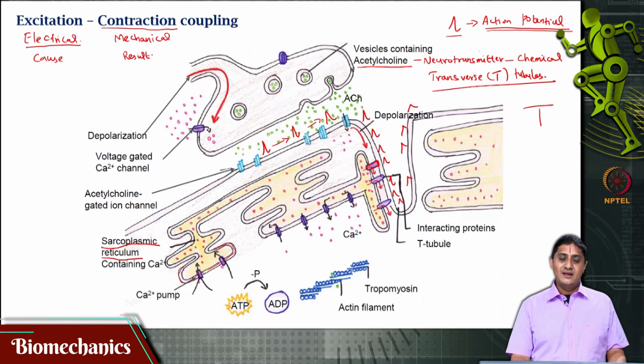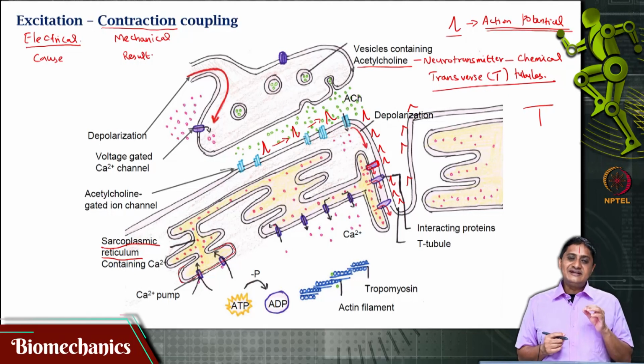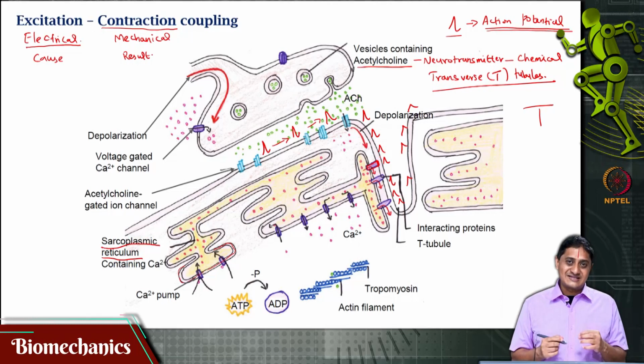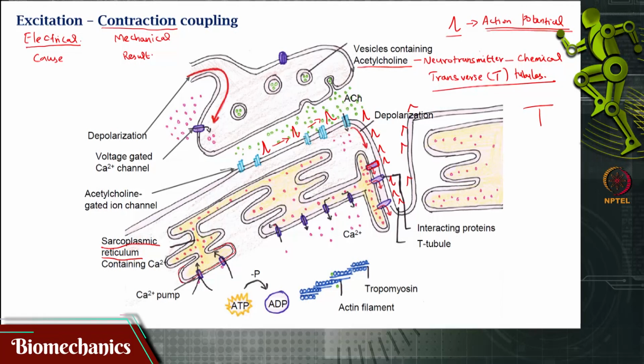The nature of this channel is such that whenever it detects an electrical pulse traveling along the T tubule, it will open. And when it opens, it also opens its partner on the sarcoplasmic reticulum side. So, it is like two doors. When one door opens, the other door also opens. The first door here is on the T tubule.